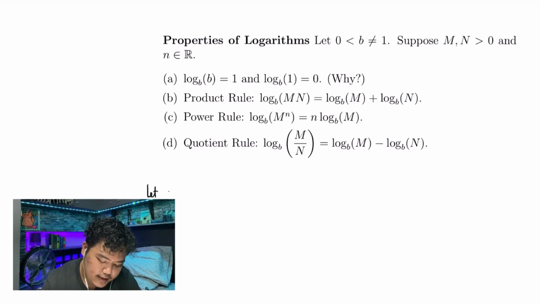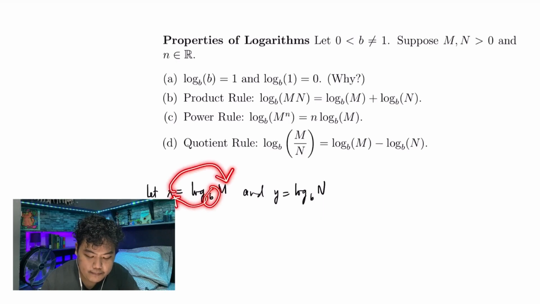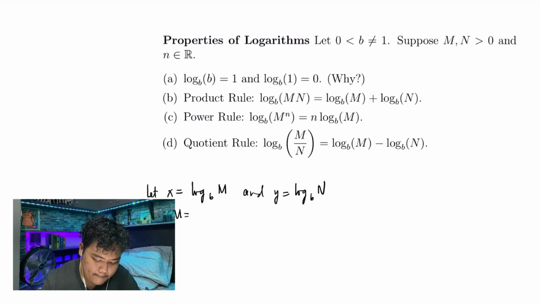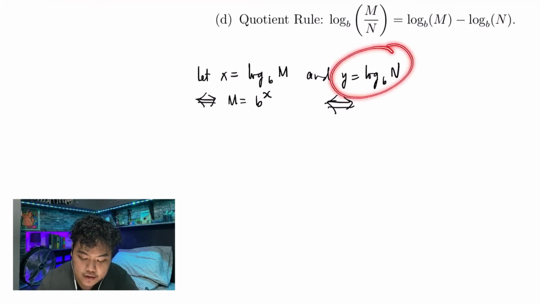So, let x be log base b of m and y be log base b of n. By the definition, b raised to x is m. And we apply the definition here too, so b raised to y is n.